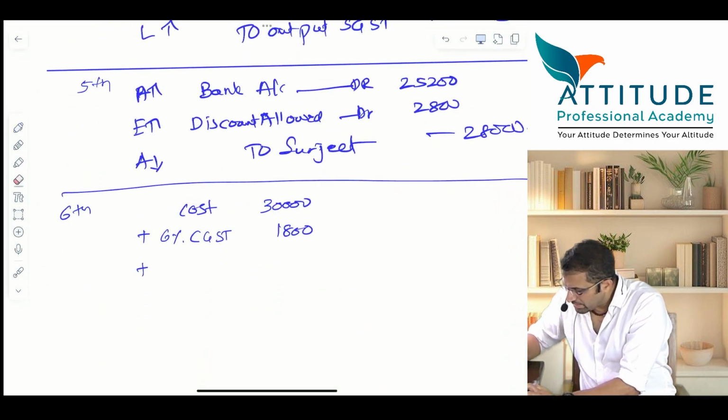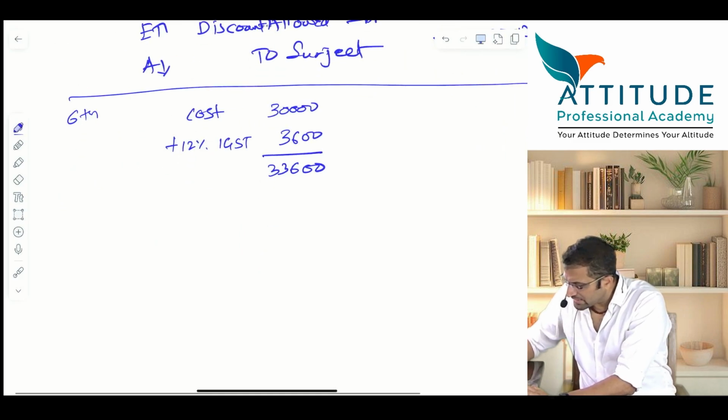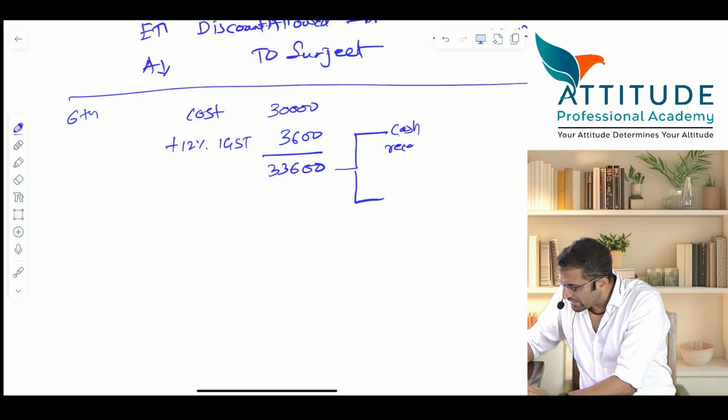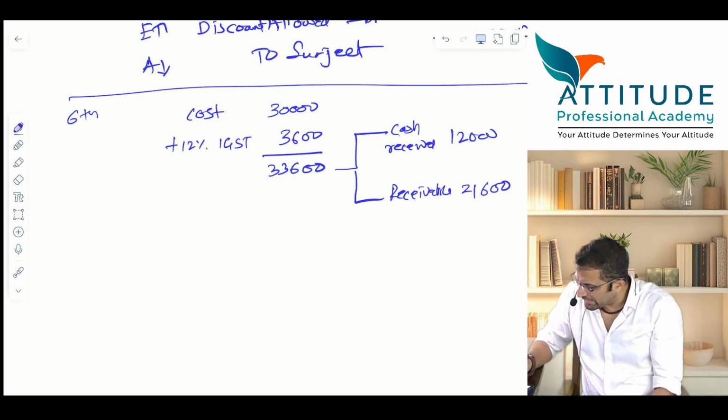So directly add 12% IGST, 3,600, total 33,600. Cash received is how much? Cash received 12,000. Balance is receivable. Anything receivable is an asset. How much? 21,600. Tell me the entry.